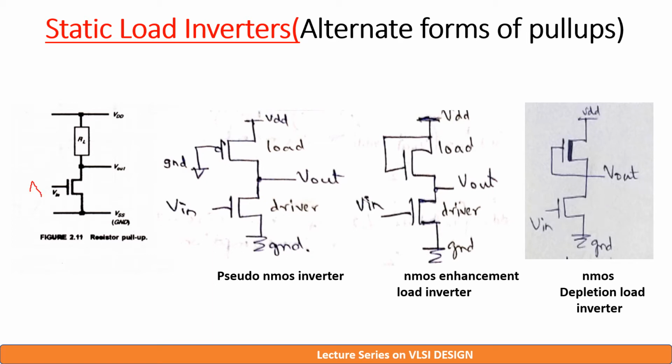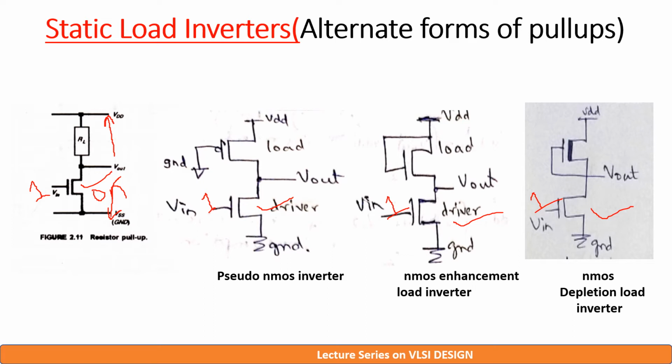so when input is logic 1 for all the 4 circuits, these pull down devices will be in on state since it is NMOS enhancement device. In resistive load inverter, Vout will be offered a closed path towards VDD through resistor, as well as Vout node will be offered a closed path towards ground because pull down is on.